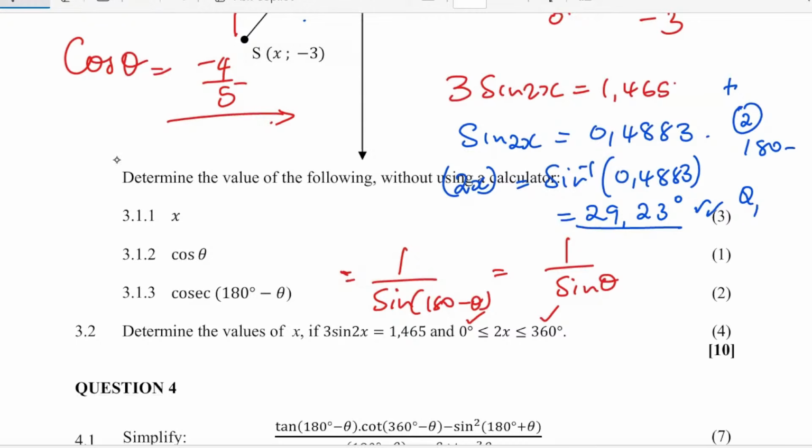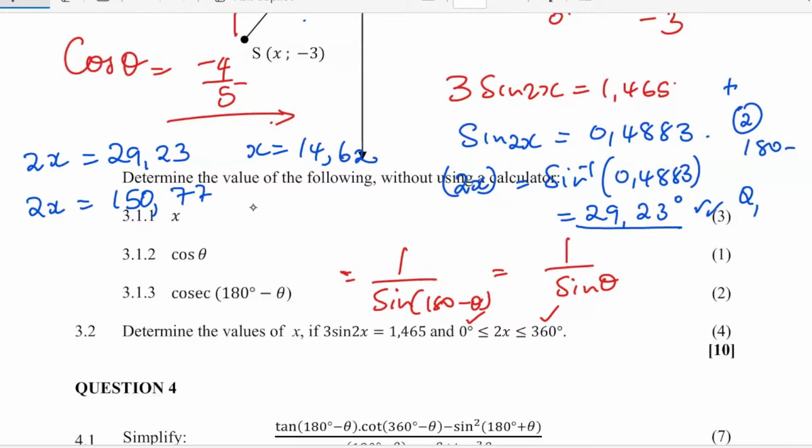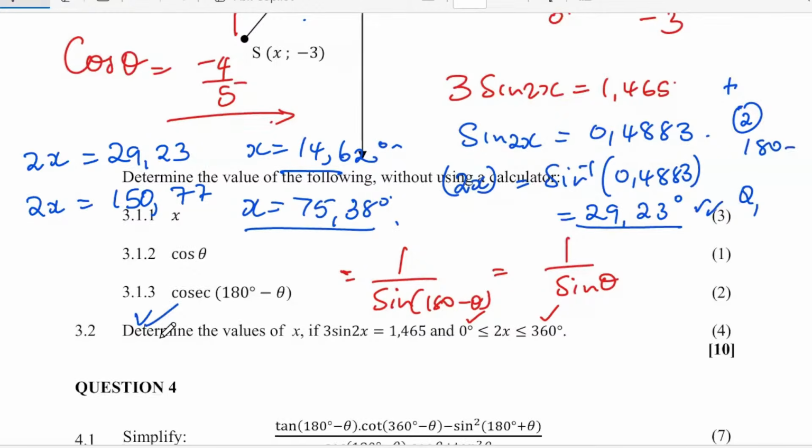So 180 minus 29, it should be a 150 something. It's 150,77. Then divide by 2 for the first one. It's going to be 14,62. And then in this other case, it's going to be 75,38 degrees. So that is how we would have worked out 3.2.